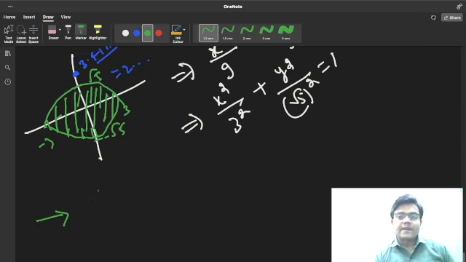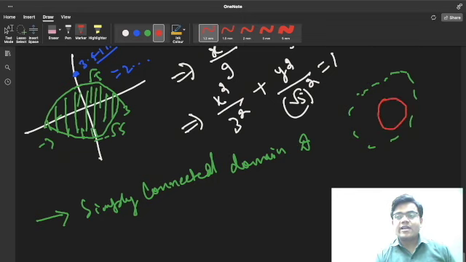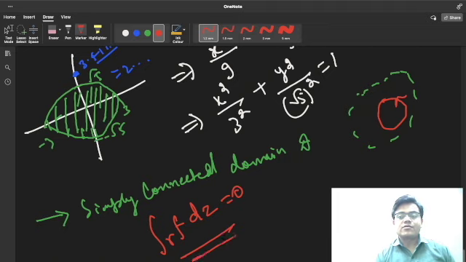If you have a simply connected domain D, and if you want to find the integration along any closed curve inside it, then certainly that will be 0.